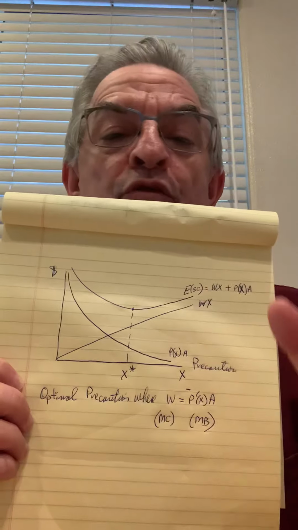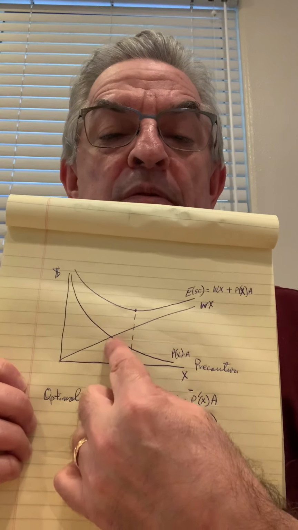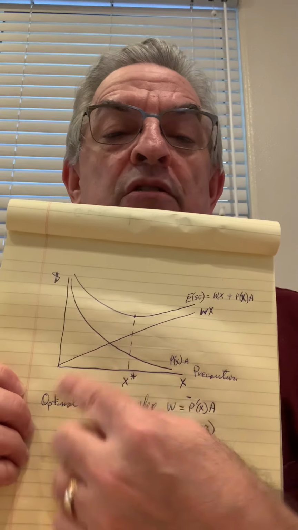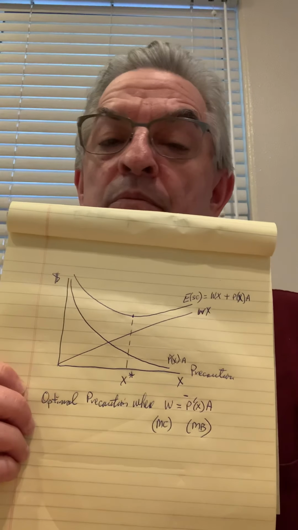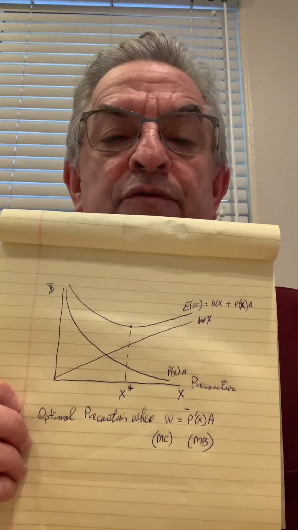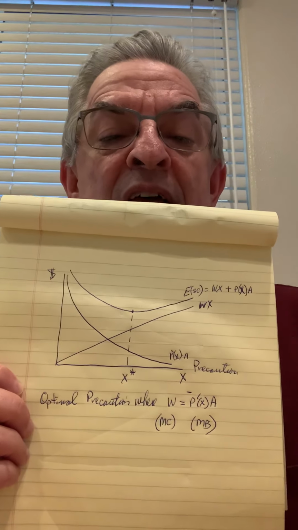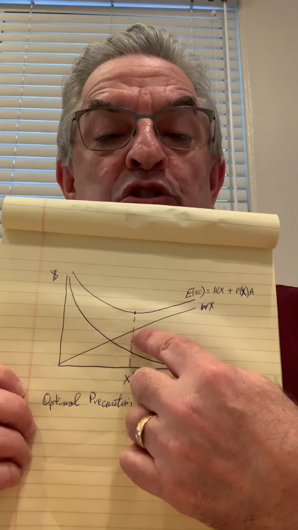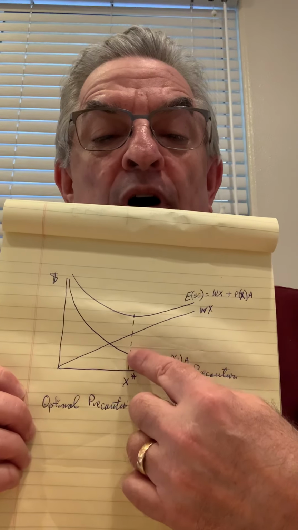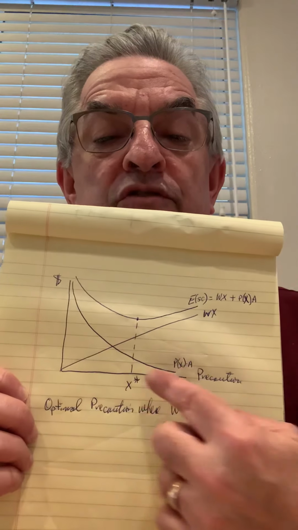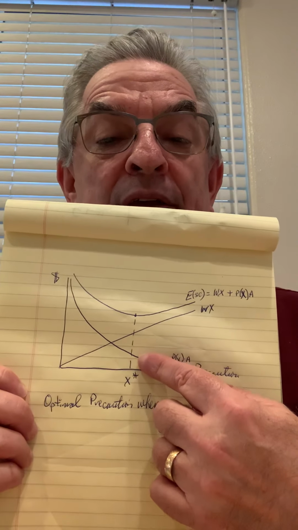Now, don't fall into the trap of thinking, oh, the minimum's got to be where the two lines cross. The minimum, and particularly relevant to those of you who have studied calculus, is actually going to be where the slope in absolute value of these two curves are the same, okay?